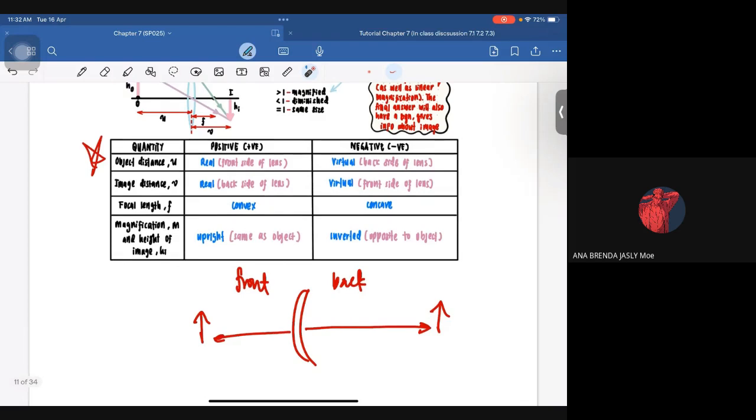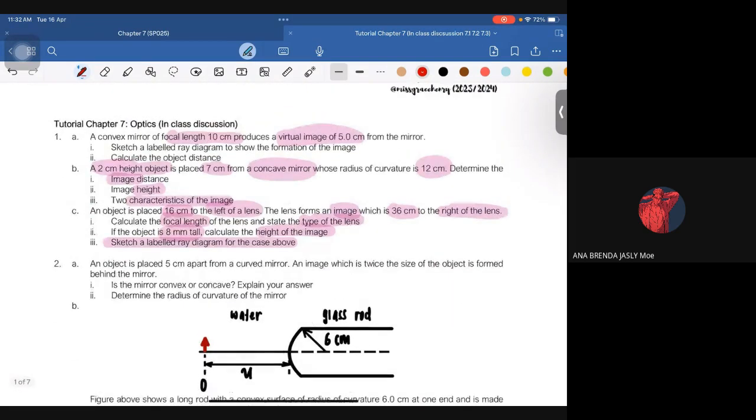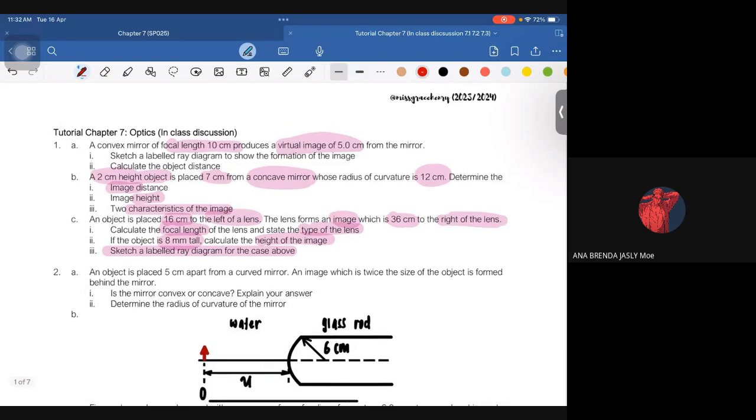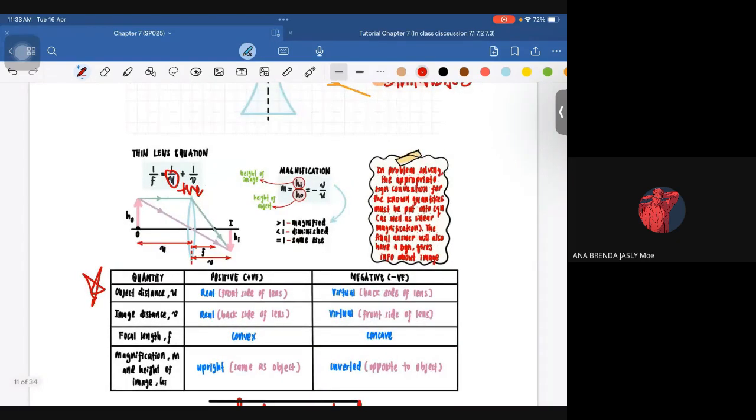Okay, so sekarang ni kita kena determine dia positif atau negative. So kita refer lah. Kalau image is formed at the back side of the lens, it should be a real image lah. So kita punya value of V mesti positive. Positive berapa? Positive 36 cm. Boleh faham ke yang bahagian sign convention? Boleh ya? Okay. So sekarang ni baru kita kena determine the focal length lah. So from here, formula yang kamu akan guna is basically this one lah. Okay, 1/f ni.